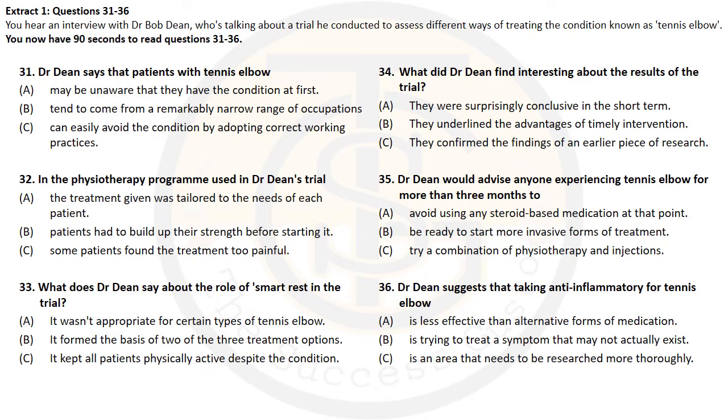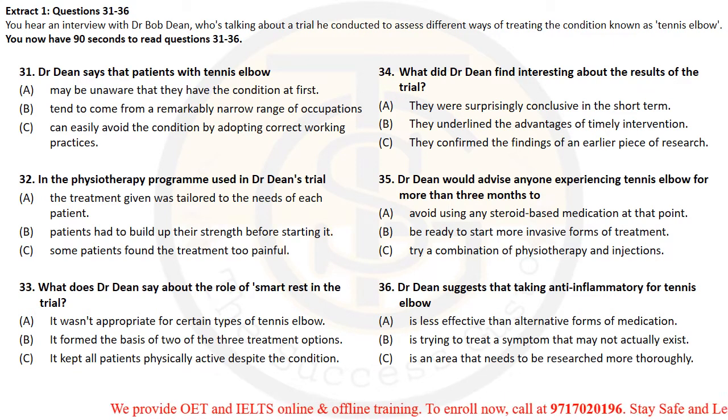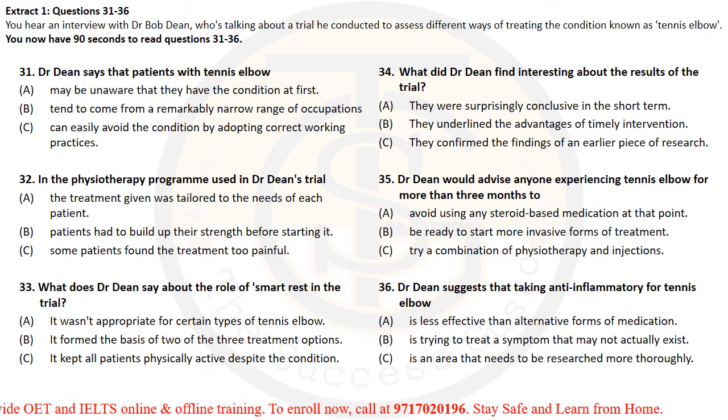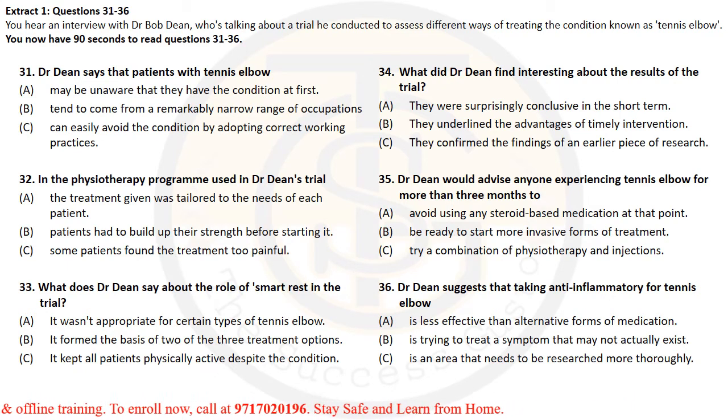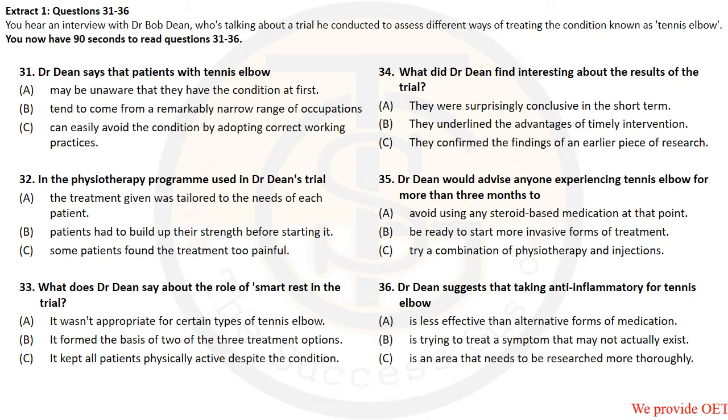An example is where patients avoid picking things up with their palm facing down, which is classic advice given to anyone with a condition. But patients do need the stimulus of movement to help rehabilitation. And so all our participants were given advice on how to manage their condition ergonomically, even the wait-and-see group. The difference was they didn't get any other form of treatment, whereas our other two groups did.